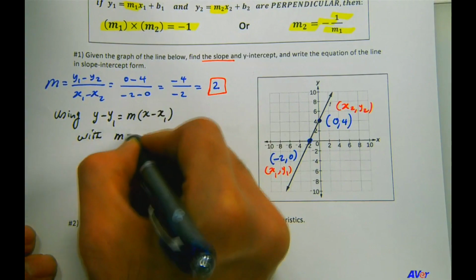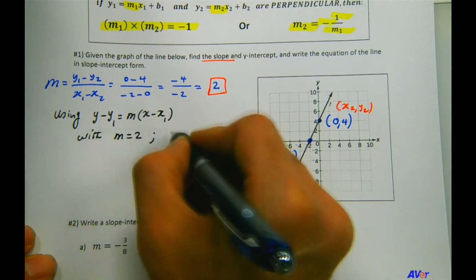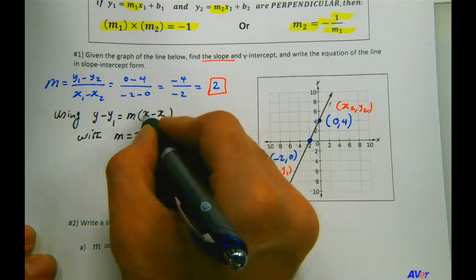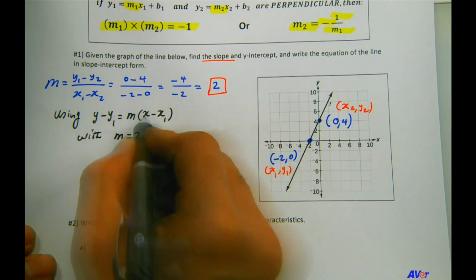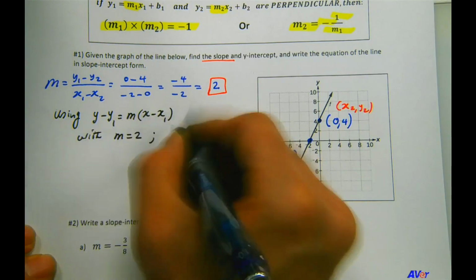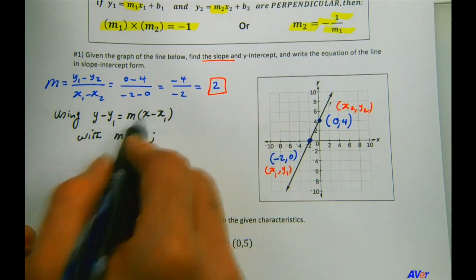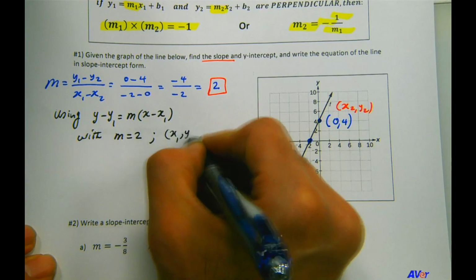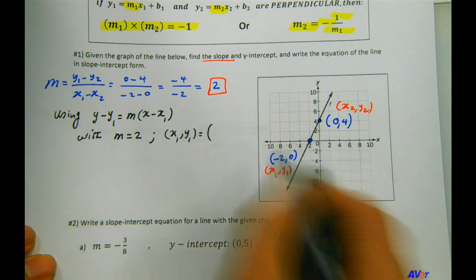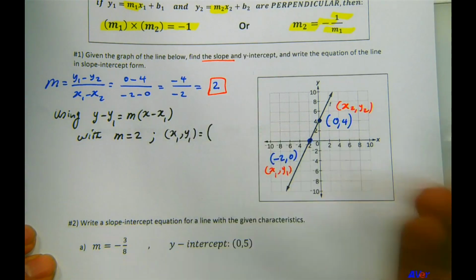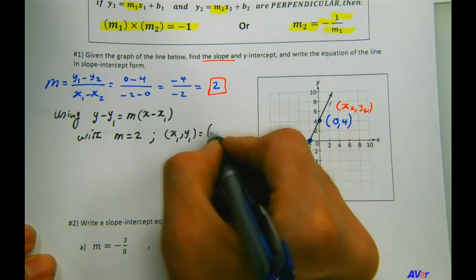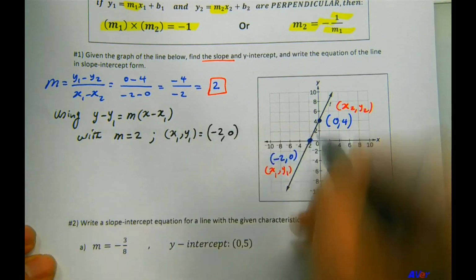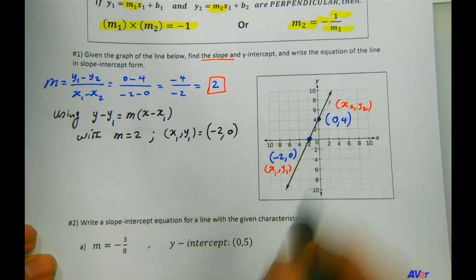with slope equals 2 and x, because we need x and y, right? Sorry, not x, y, but x1 and y1, with (x1, y1) equals, let's take either one, (-2, 0), right? You can pick any of the points that are on the line.